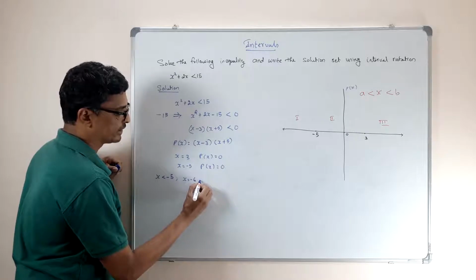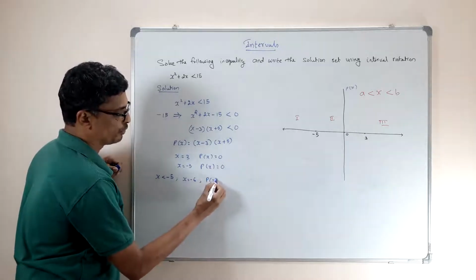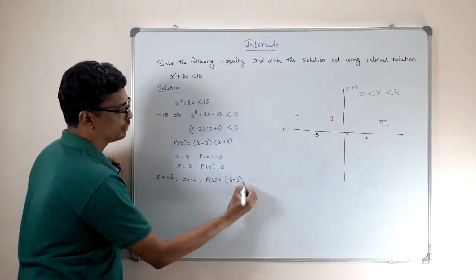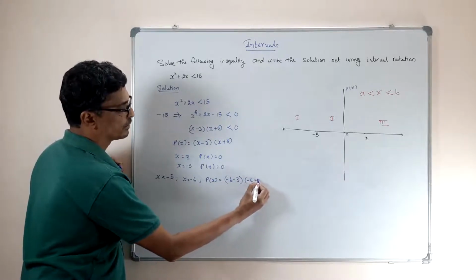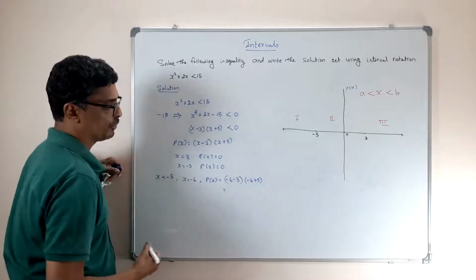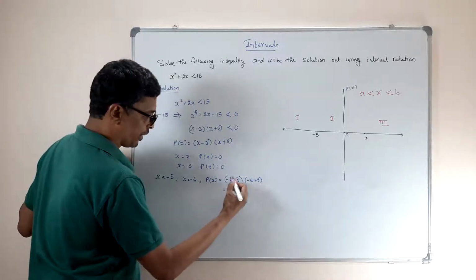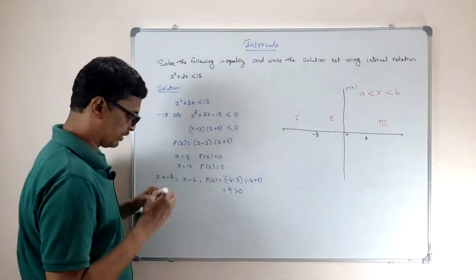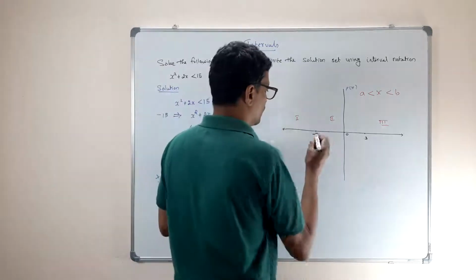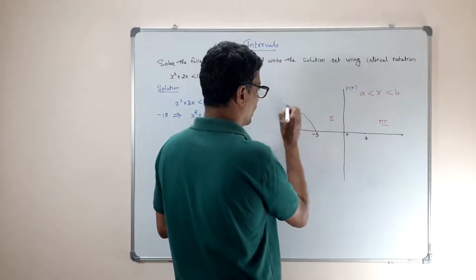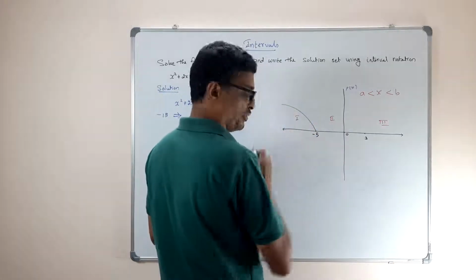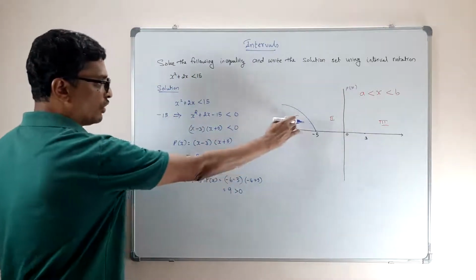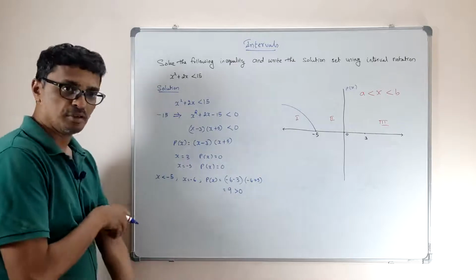When x is equal to minus 6, p of x will be minus 6 minus 3 into minus 6 plus 5. So this will be minus 9 into minus 1, which is 9, that is greater than 0. So this region is going to be positive. This technique is called the wavy technique.